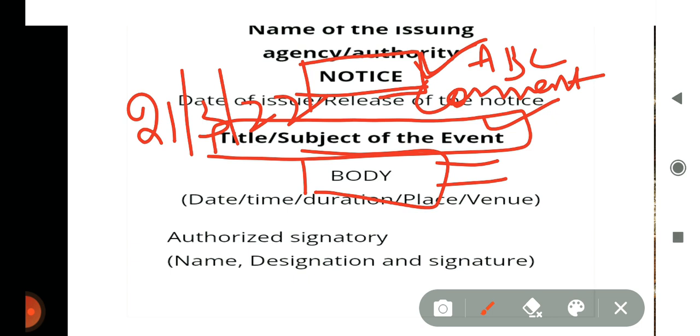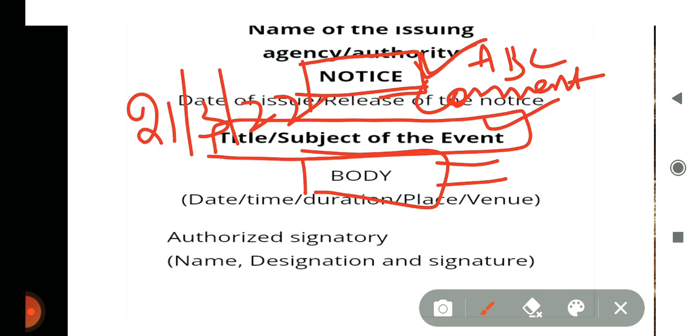Body means what you will write in the body, like this is to inform all the students, or it is hereby informed to all the students that we are going to organize a football match on 23rd of April. Okay, and it will be organized in our school field only. The time will be 4 p.m. to 5 p.m. and the venue, as I told you, is your school field.